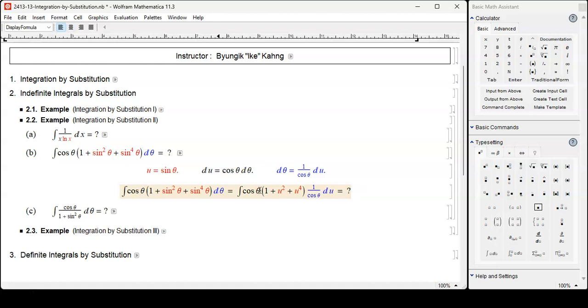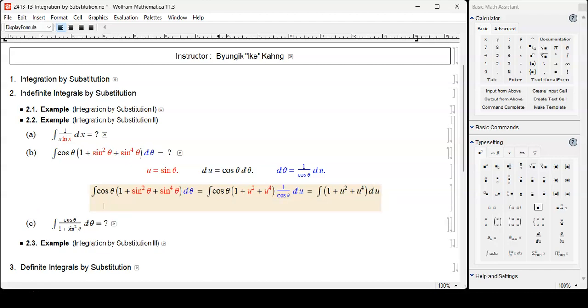Okay, that looks good. This cosine of theta and that cosine of theta cancel each other out, and you have the integral of just a polynomial function. This doesn't look too bad.